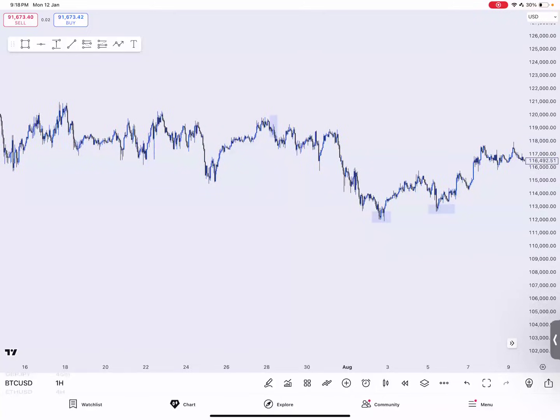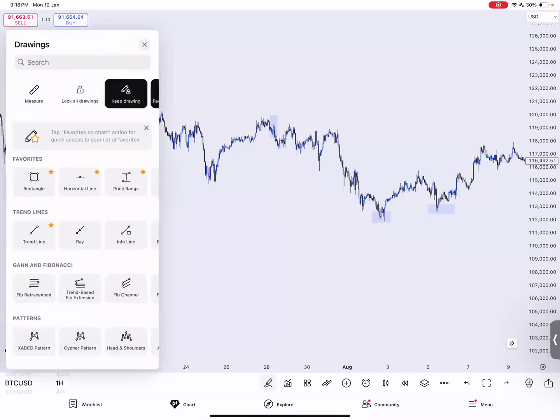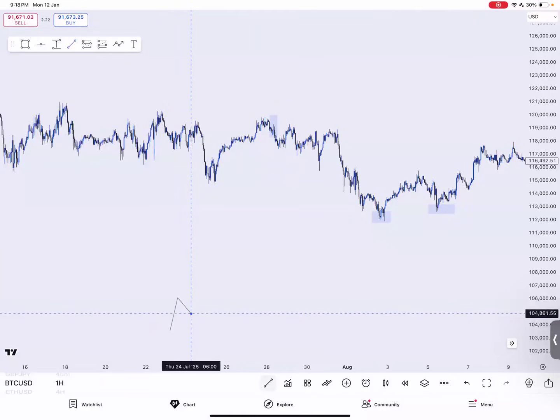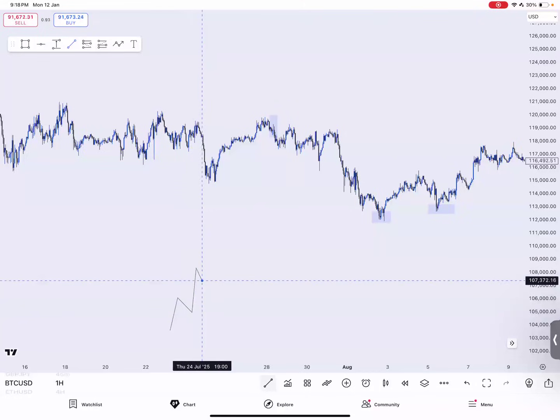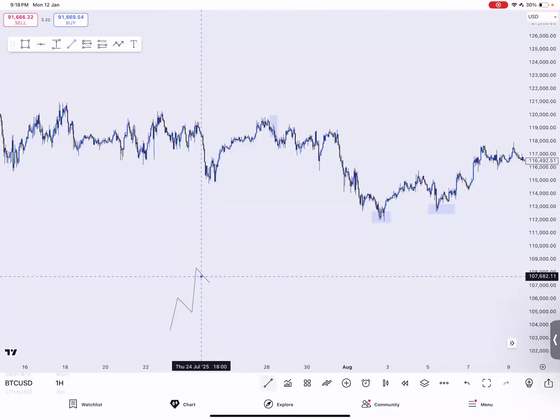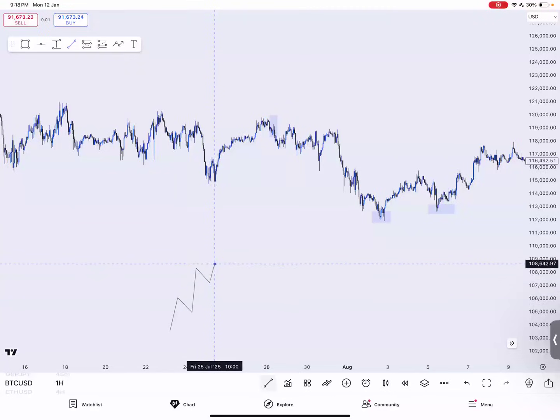The uptrend is basically when market is giving you a series of higher highs and higher lows. Each high that price presents will be higher than the previous one, and each low will be higher than the previous one as well.